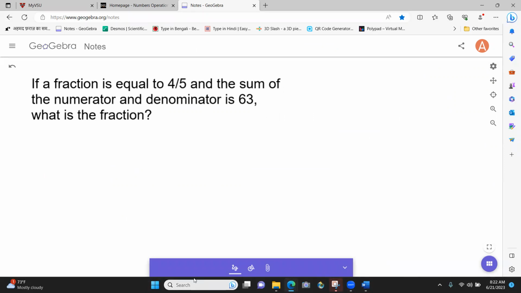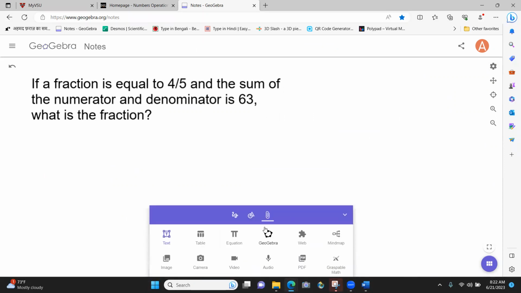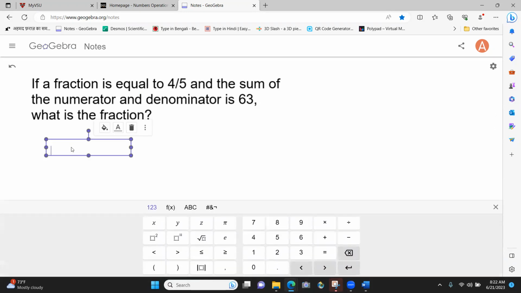So let's start with 4/5, okay? Now, clearly, 4 plus 5 is 9. That's not 63. So let's multiply both top and bottom by 2. Let's see what happens. 4 times 2 is 8. 5 times 2 is 10. Well, this time the sum turns out to be 18.